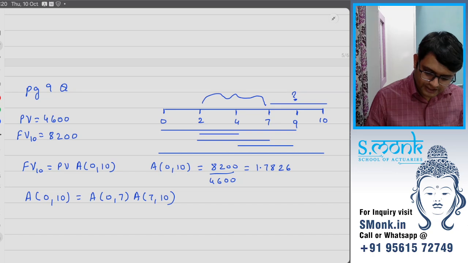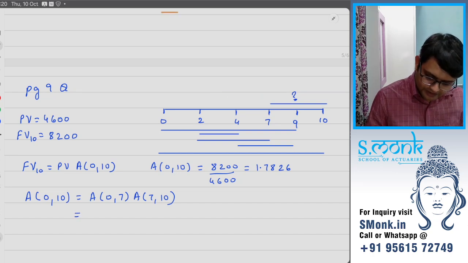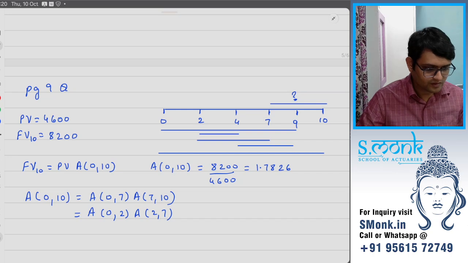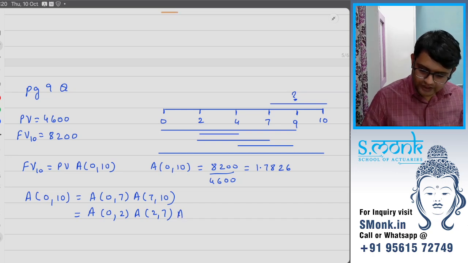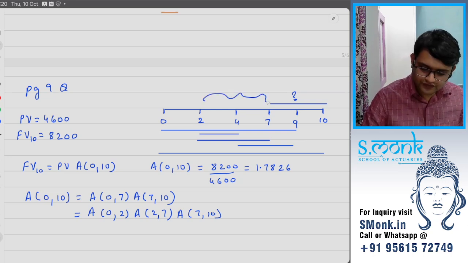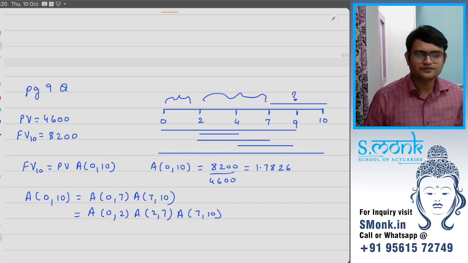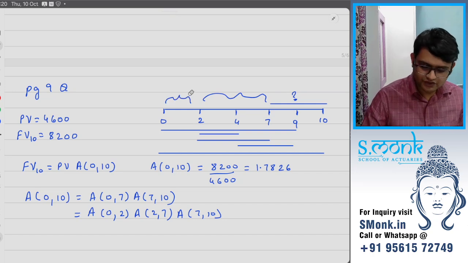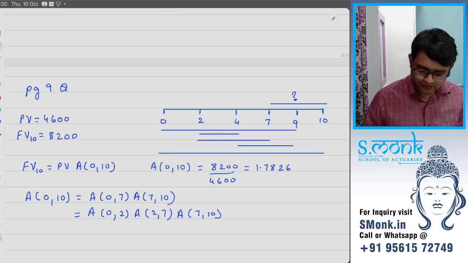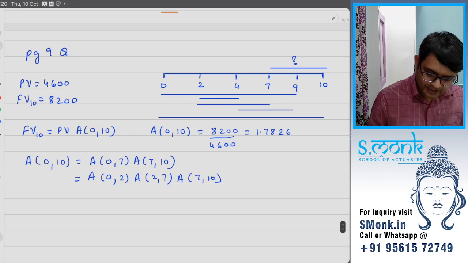So I can split that and say this is nothing but accumulation 0 to 2, accumulation 2 to 7, accumulation 7 to 10. Again we have this 2 to 7, but we do not have 0 to 2. I do not have 0 to 2 directly, and I will not be able to split it, but I can find that in some other manner.